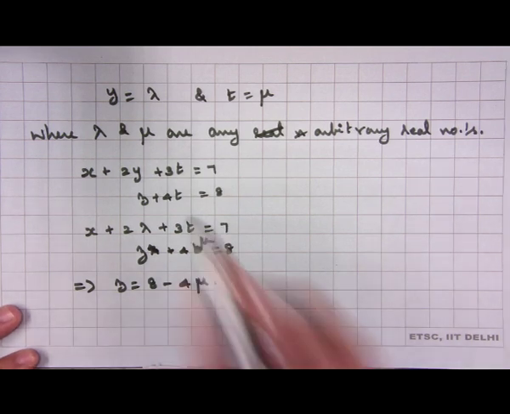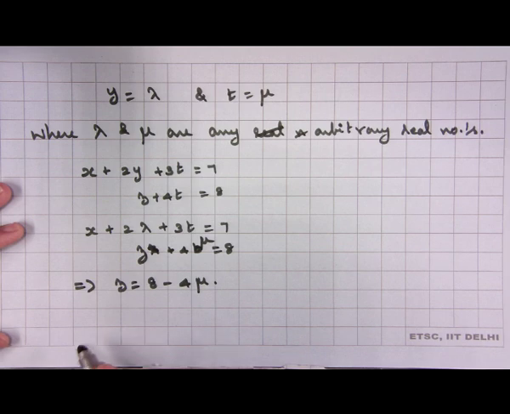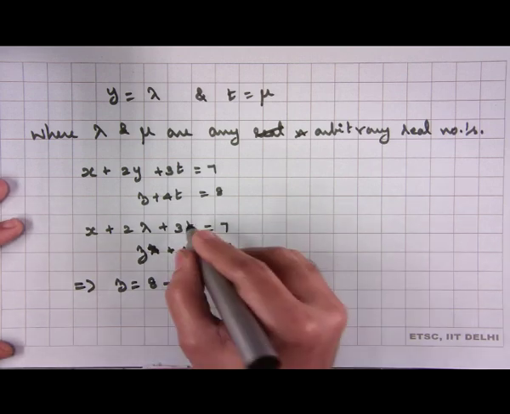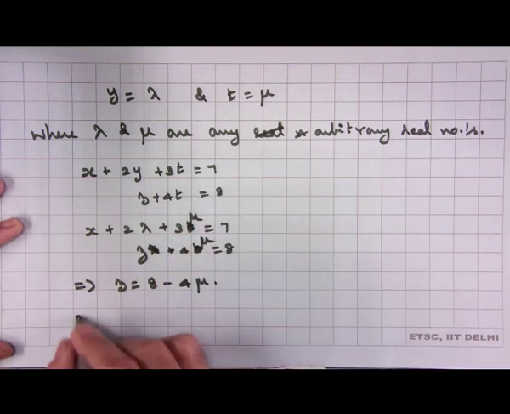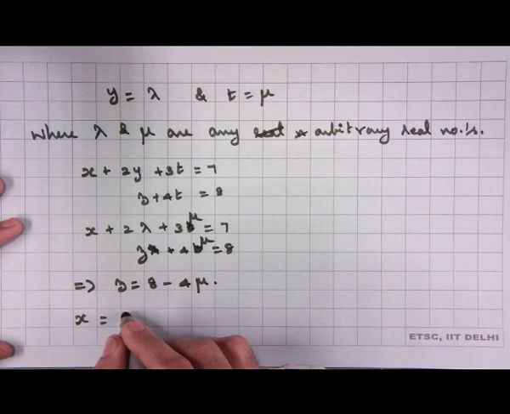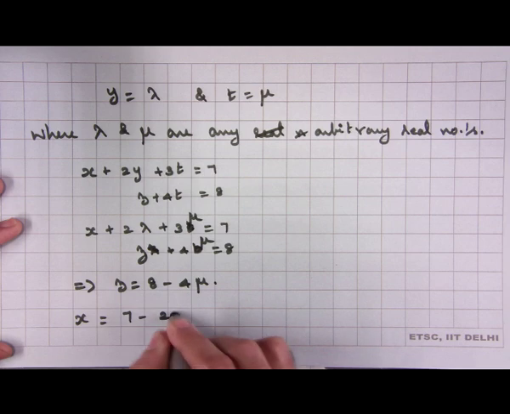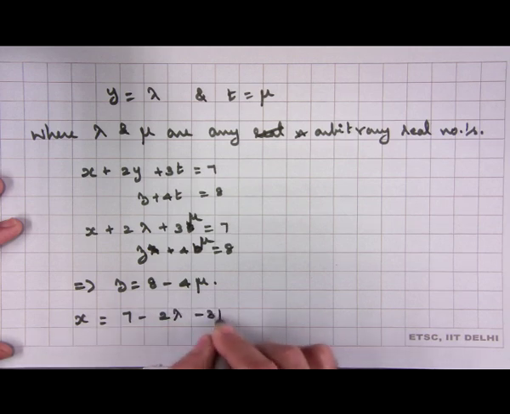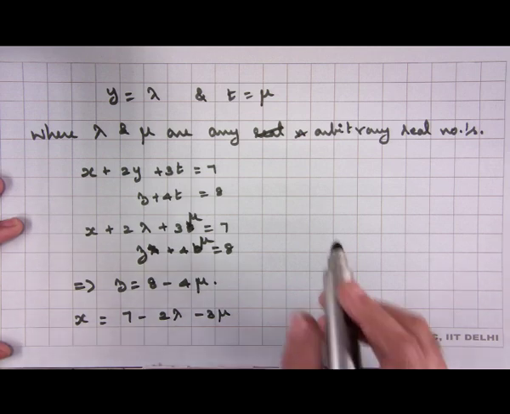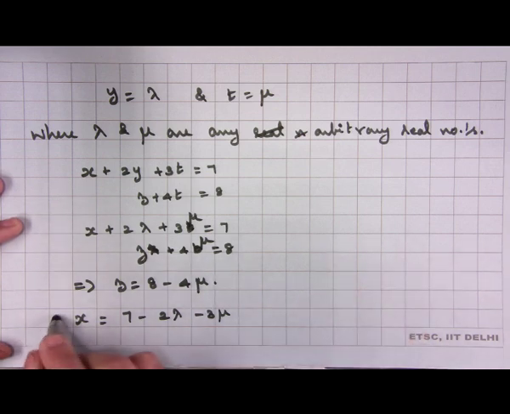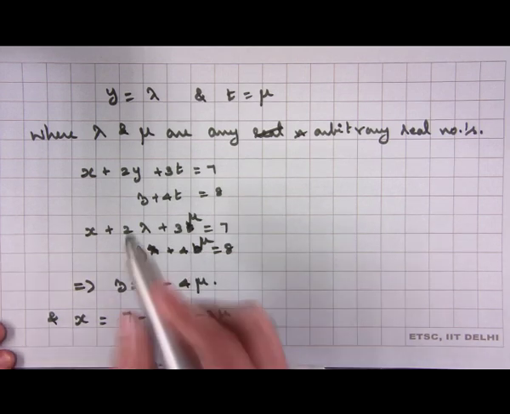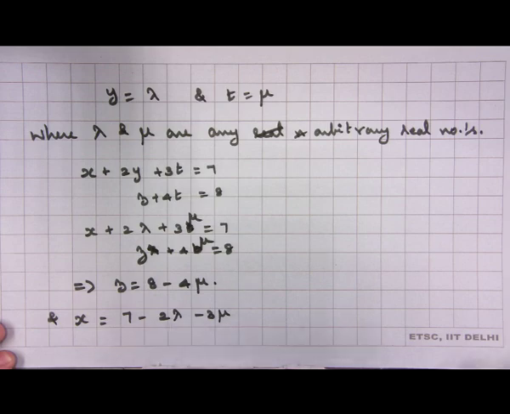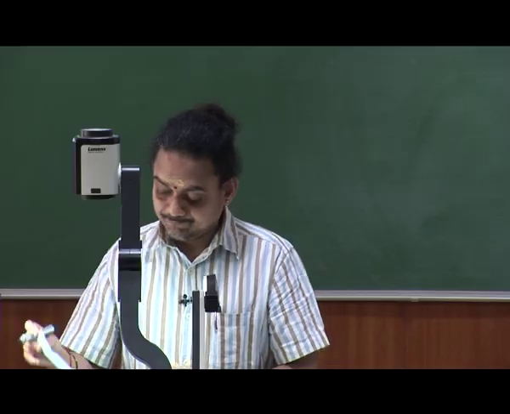Just substitute in the first one. What will I have? 2 lambda plus 3 mu, so x equals 7 minus 2 lambda minus 3 mu. The second one gives z as 8 minus 4 mu, and the first one gives x as 7 minus 2 lambda minus 3 mu.